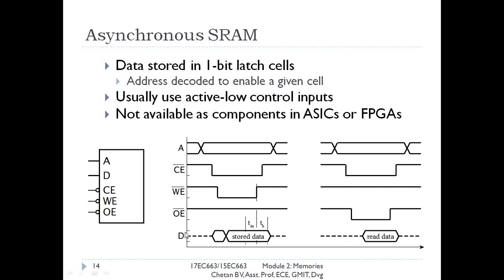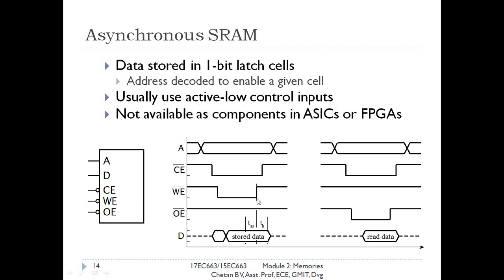The data to be stored should be present on this line, and it should obey the timing constraints of setup time and hold time. Out of these two signals, whichever has the rising edge first, setup time and hold time should be satisfied for that rising edge.